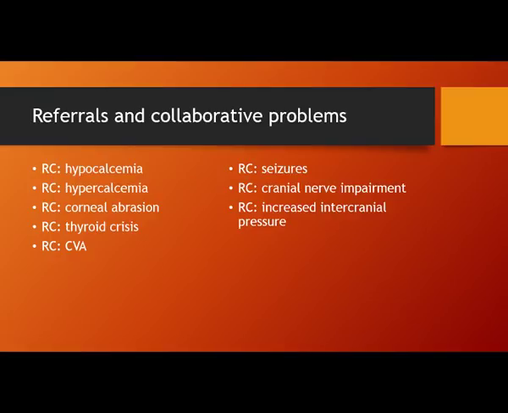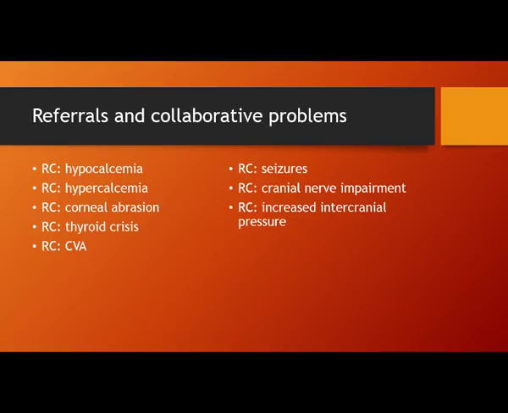Well, that could be something that you wouldn't necessarily do immediately, but depending on the problem, if you thought somebody was at risk for choking, for example, because of a vagus nerve problem, then you would probably want to make the person NPO and then alert the physician.